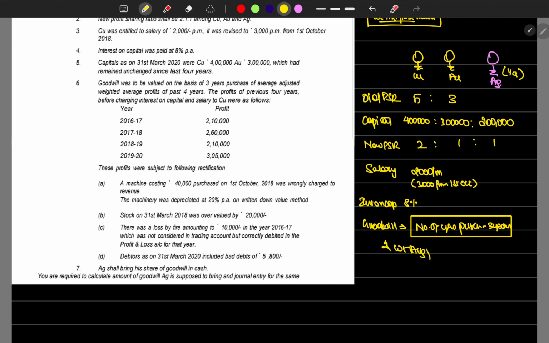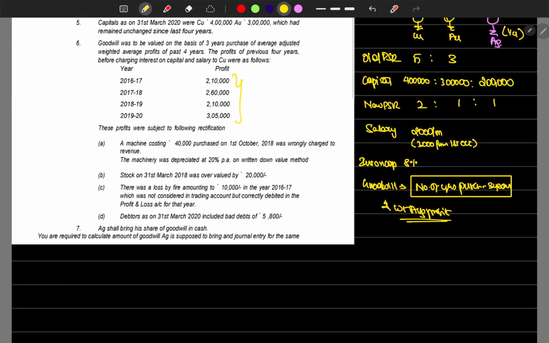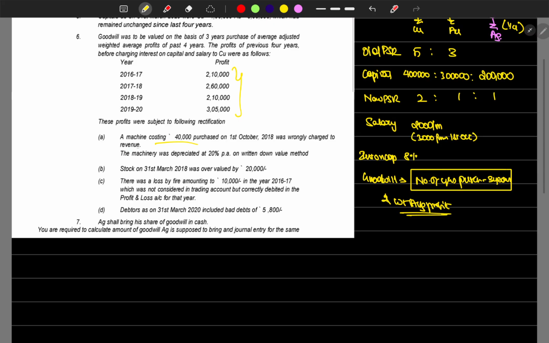What we also have to find out is the weighted average profit. To find this weighted average profit, we are given the 4-year net profits before charging interest on capital and salary, and then they have given some rectification entries also: machine costing has been treated as expense and depreciation not considered, stock overvalued, loss by fire not considered in trading account, and bad debts of rupees 5,800 included in debtors, which we have to remove and show as an expense.